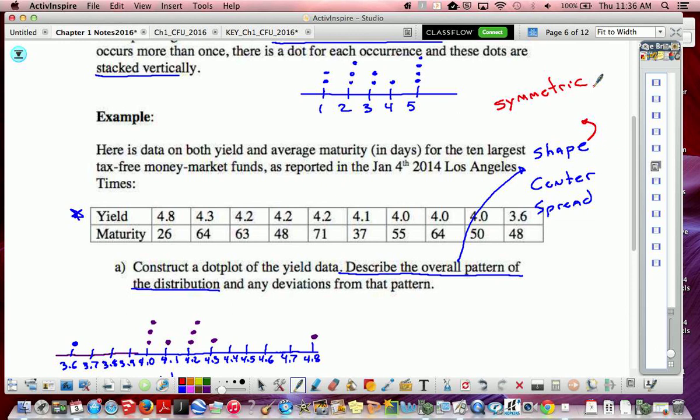Otherwise, we'll talk about skewed right or skewed left. The word skewed means tail.